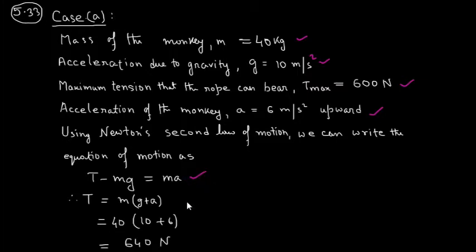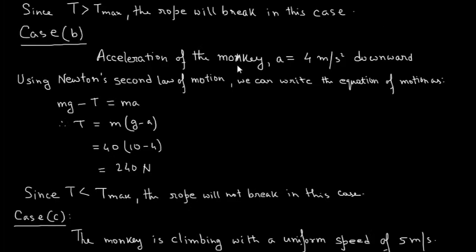T is equal to m(g plus a), which is 40 into (10 plus 6), that is 640 Newton. Since T is greater than T max, the rope will break in this case.